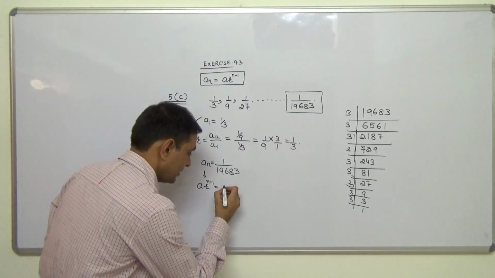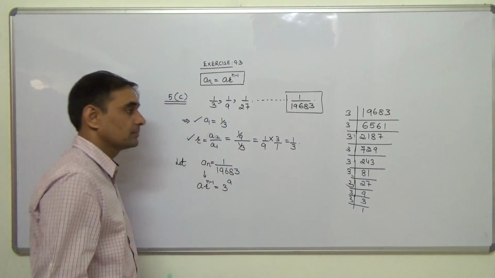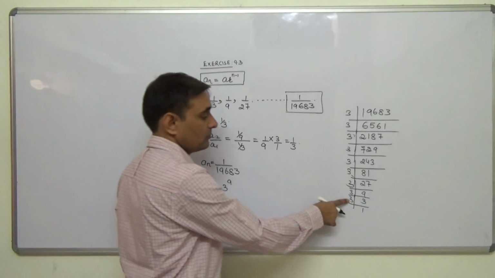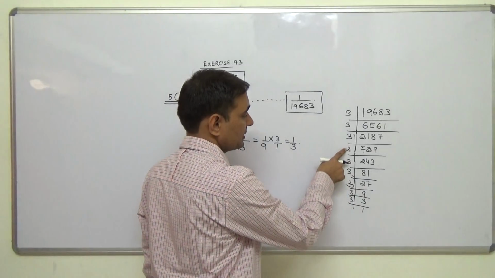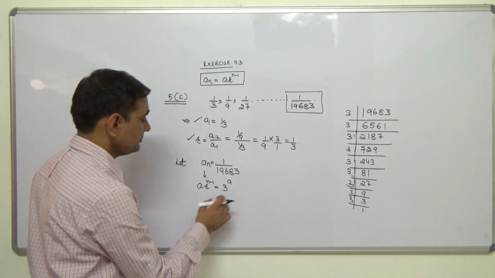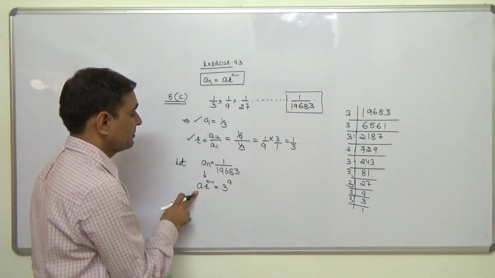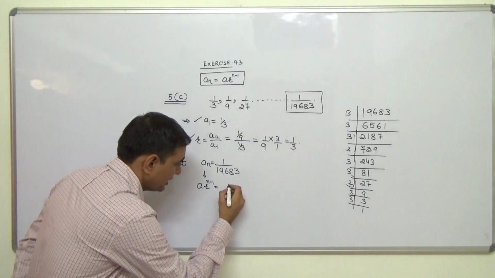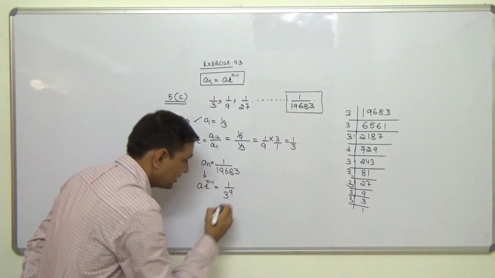This is 3 to the power 9. So इसको हम लिखेंगे 1 upon 3 to the power 9.